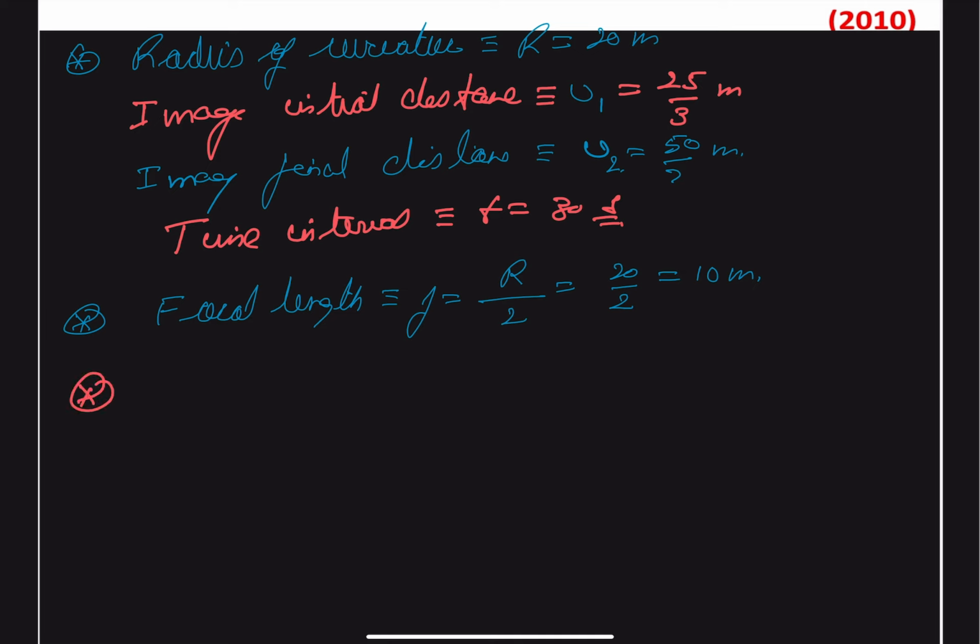So we can say 1 upon f equals 1 upon v1 plus 1 upon u1, and 1 upon f is our 1 upon 10, and v1 is our 25 upon 3 plus 1 upon u1, and this gives us that our u1 will be equal to minus 50 meters.